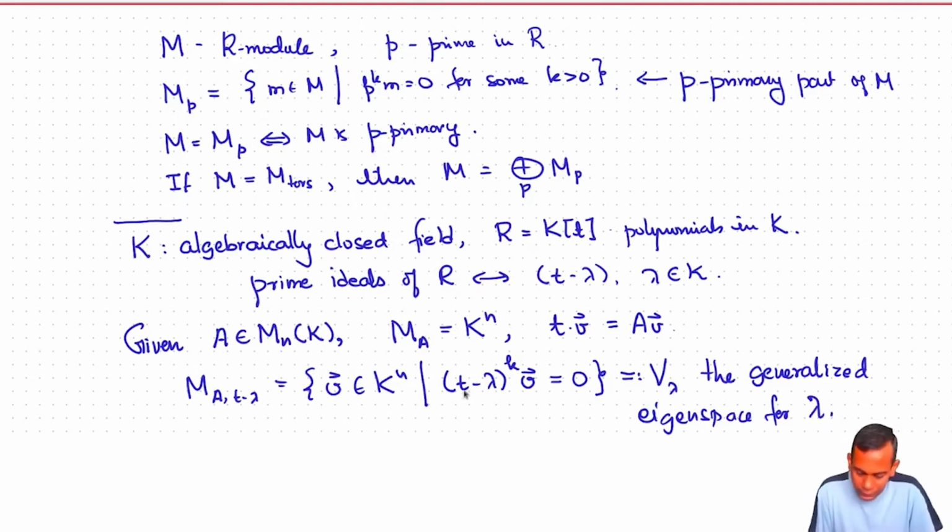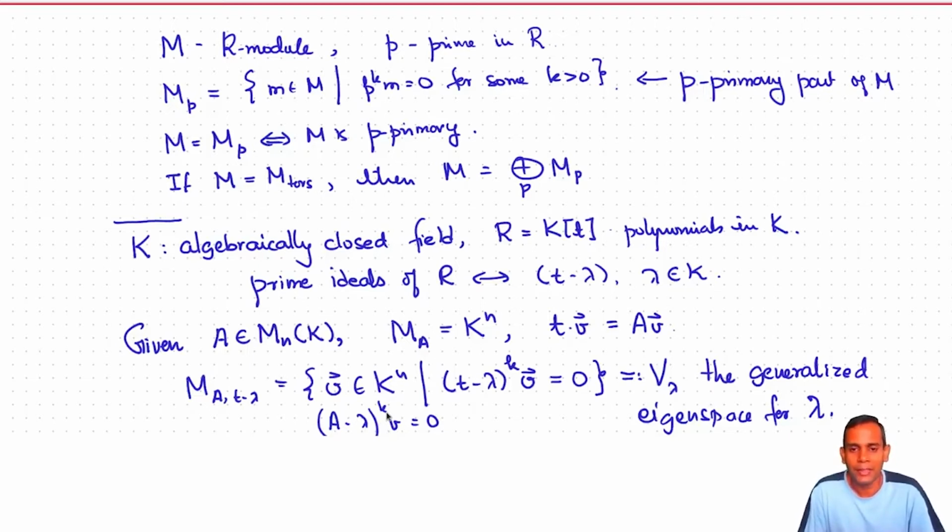So in particular, if we take k equals 1, then we're saying that (T minus lambda) times v is 0, which literally means that (A minus lambda) times v is 0. So this is saying that A times v is lambda times v, which is the definition of an eigenvector, v being an eigenvector.